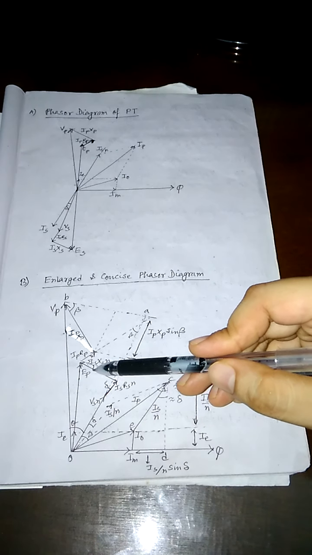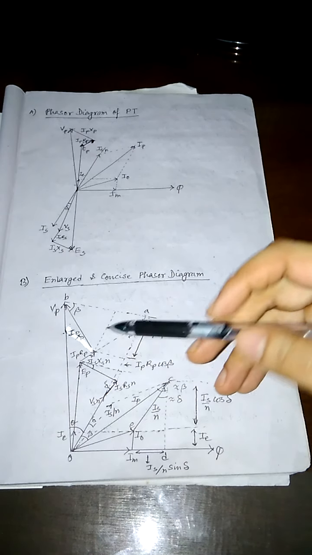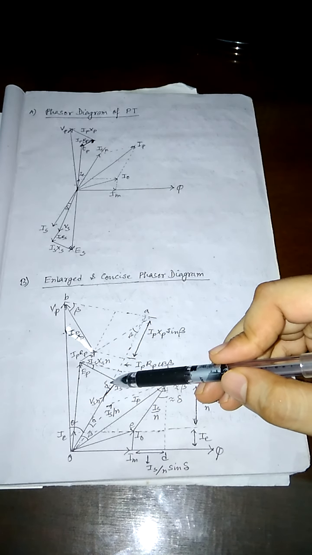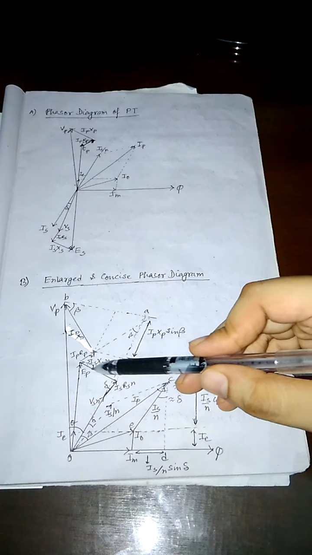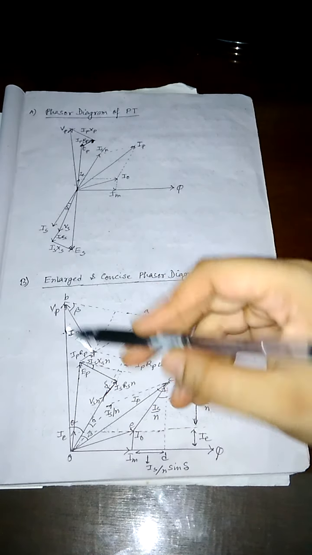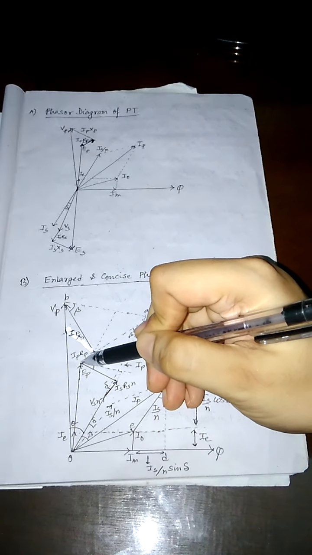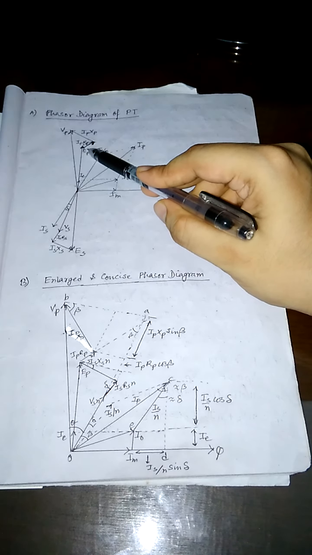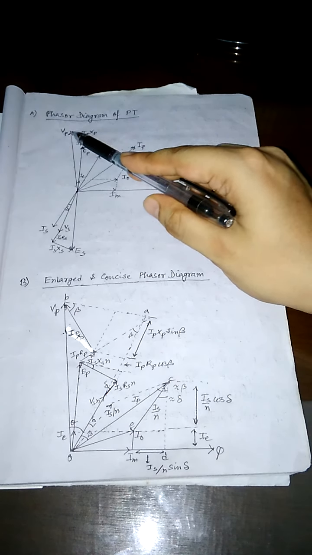Now IsXs, this is the component of IsXs, because this is obviously the voltage drop through the secondary reactance, that means IsRs, IsXs. And then if we consider the primary side in this phasor diagram, we also get IpRp and IpXp.